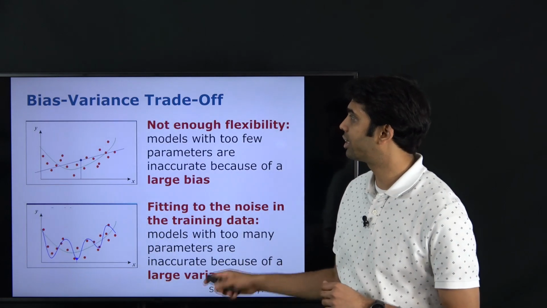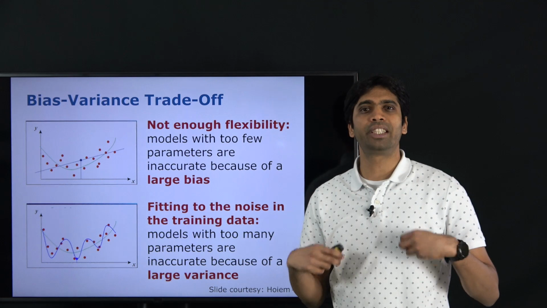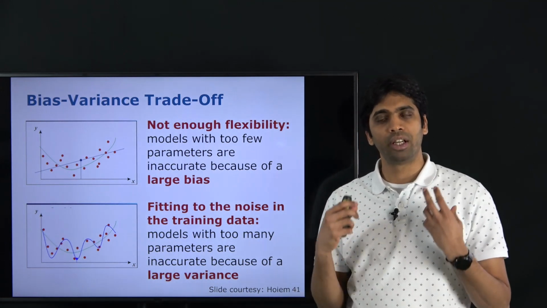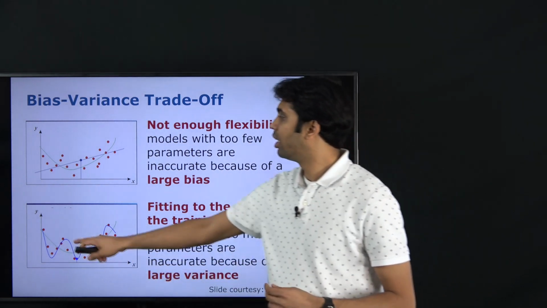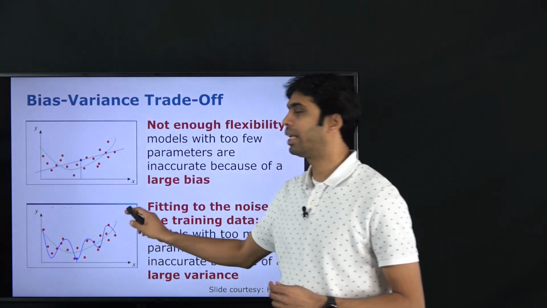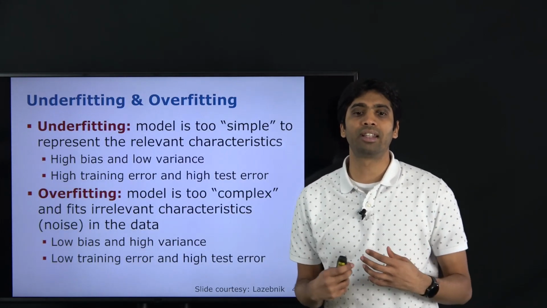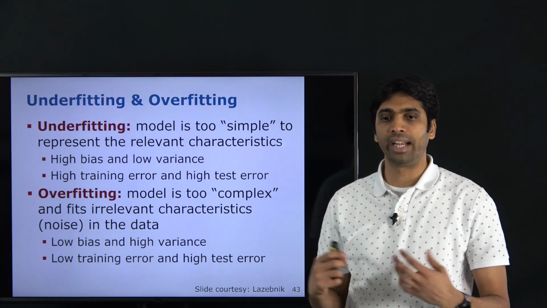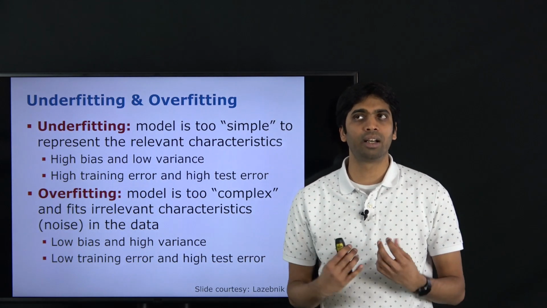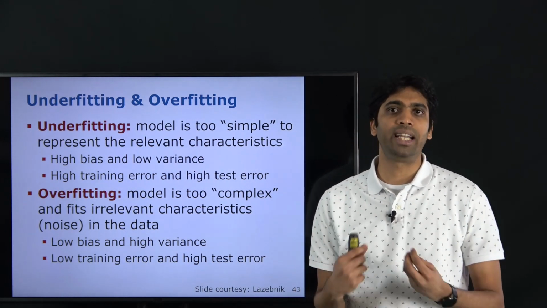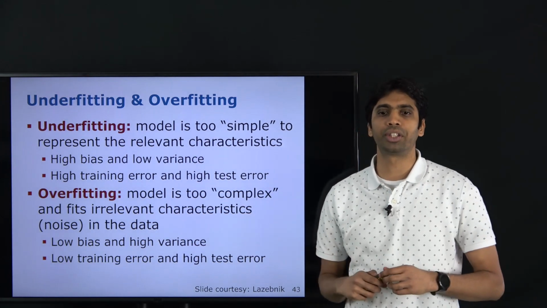This is the case here, where we are using a straight line to fit through our data, which is not a sufficiently complex model to actually explain the data we have, whereas overfitting would correspond to this squiggly line in here, where we are fitting too much to the noise rather than the general trend of the data itself. So we have to take these parameters into account when we design or propose a new classification system for our application.